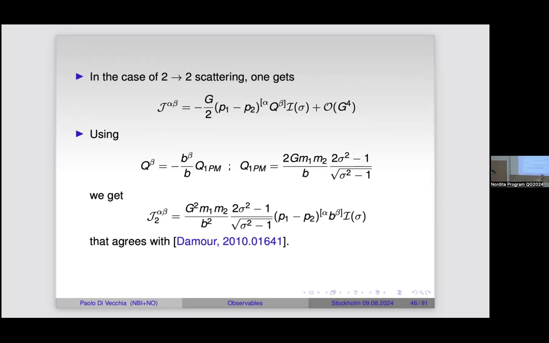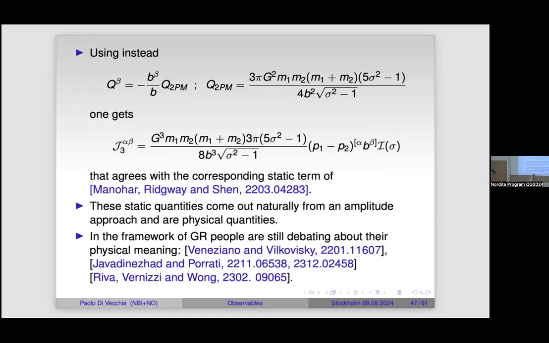If you insert the impulse at one loop, then you get J of order G cubed, which corresponds to the static term computed in this paper.